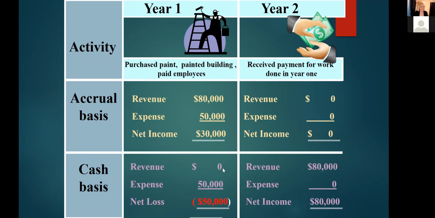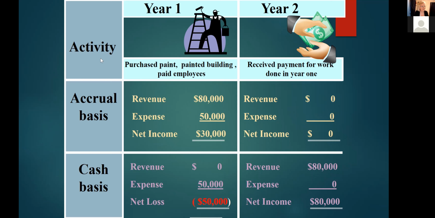So he would record revenue of 0, but since he paid expenses, that would be 50, and he'd have a loss of 50. Year 2, he'd have revenue because he'd be paid, but he wouldn't have any expenses because he shut down the business. So we'd have income of 80. And that isn't good matching. That doesn't tell us the real story of the business.